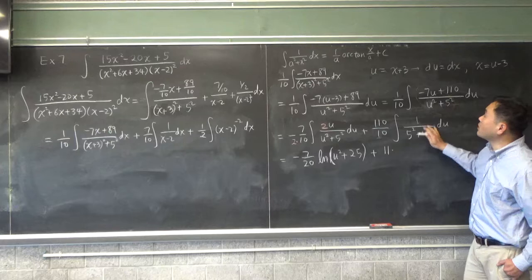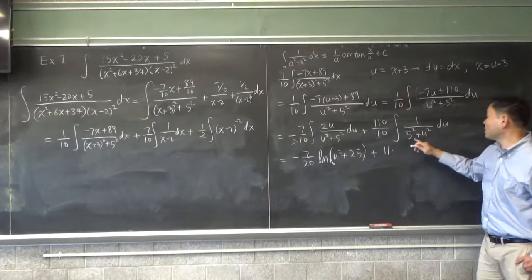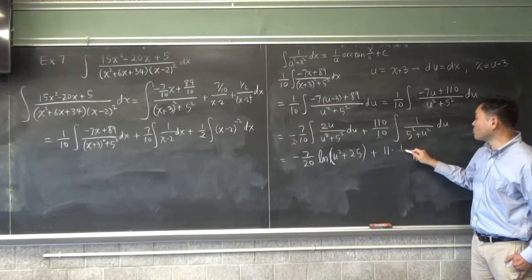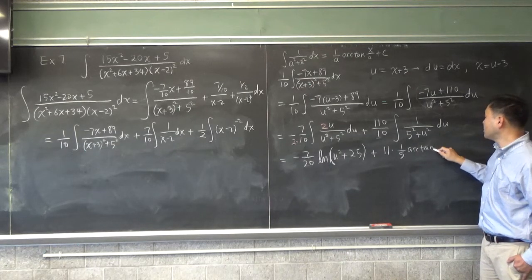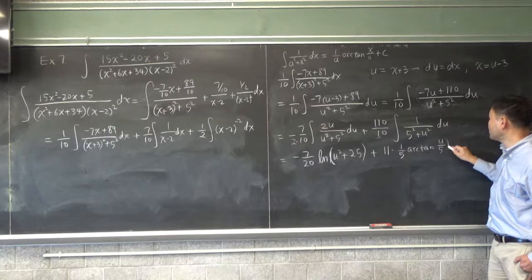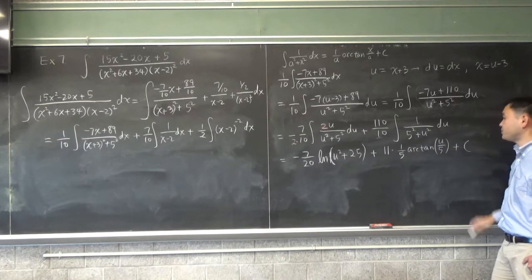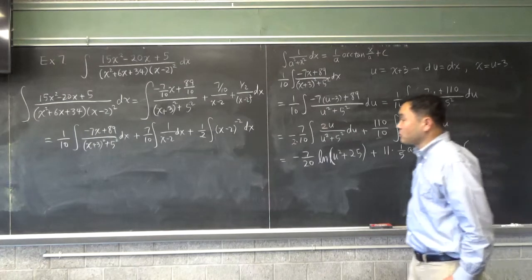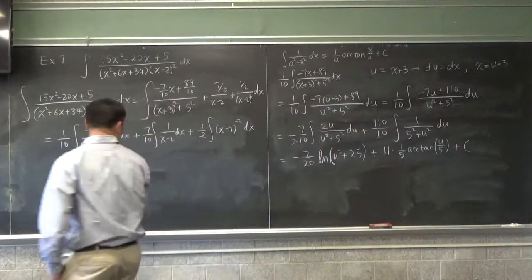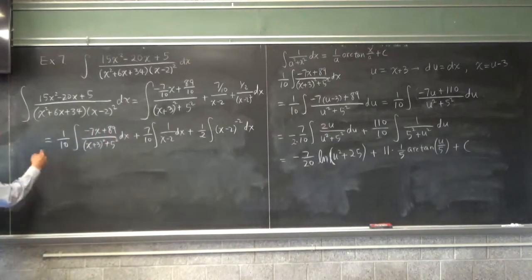And then we apply that formula up there. And because this is 5 squared, it would be 1 over 5 arctan of u over 5 plus c. And then remember, u is x plus 3, so you also have to plug that back in. But overall, that's going to be the answer for this first part.